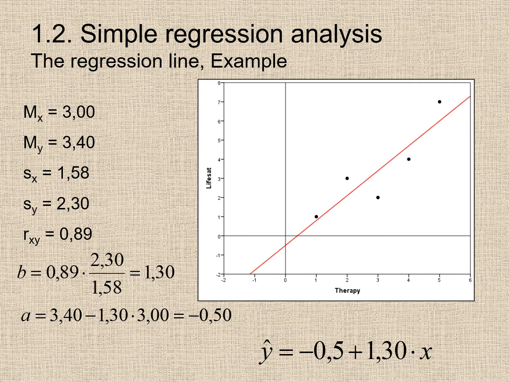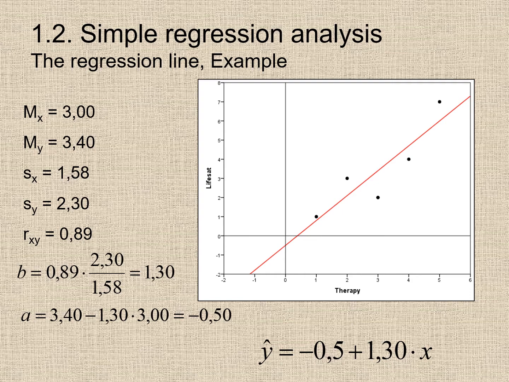And in this case, what range of values on the independent variable have we used in order to calculate our regression line? Well, the range is from 1 to 5. And what we get is a regression line that hopefully functions quite well within this range.